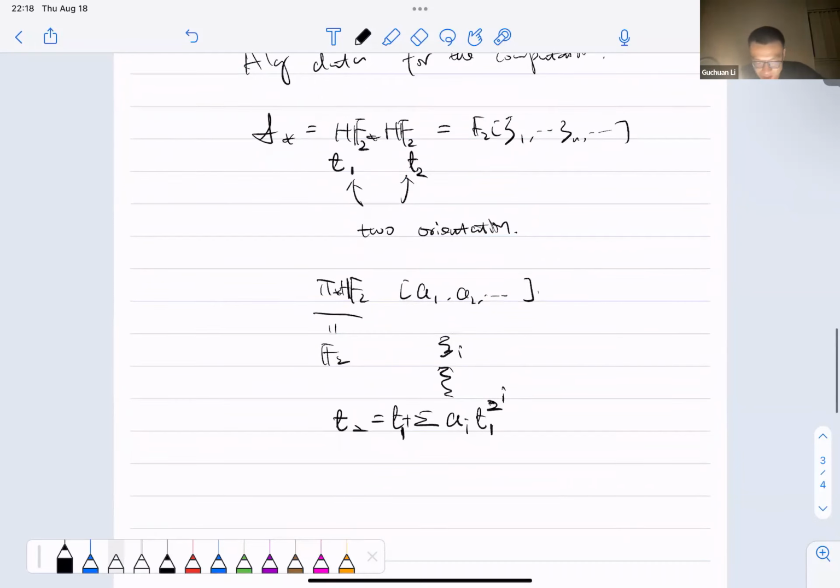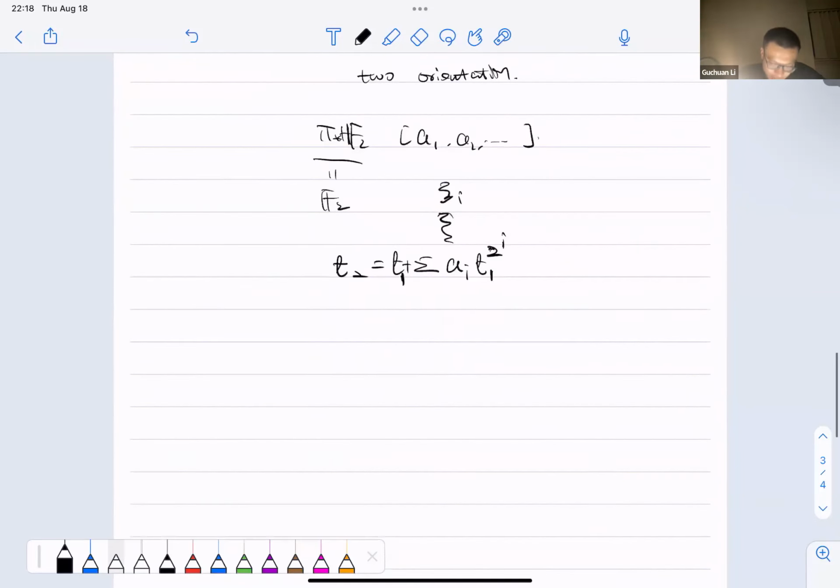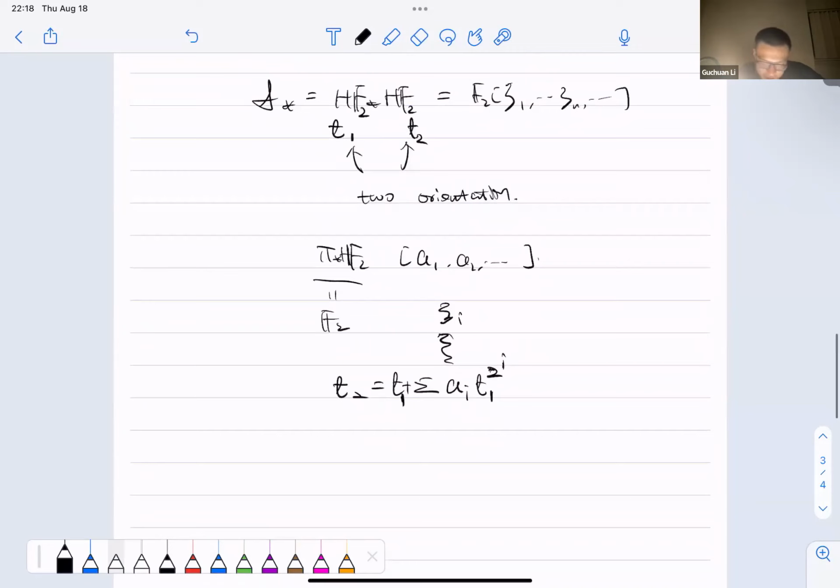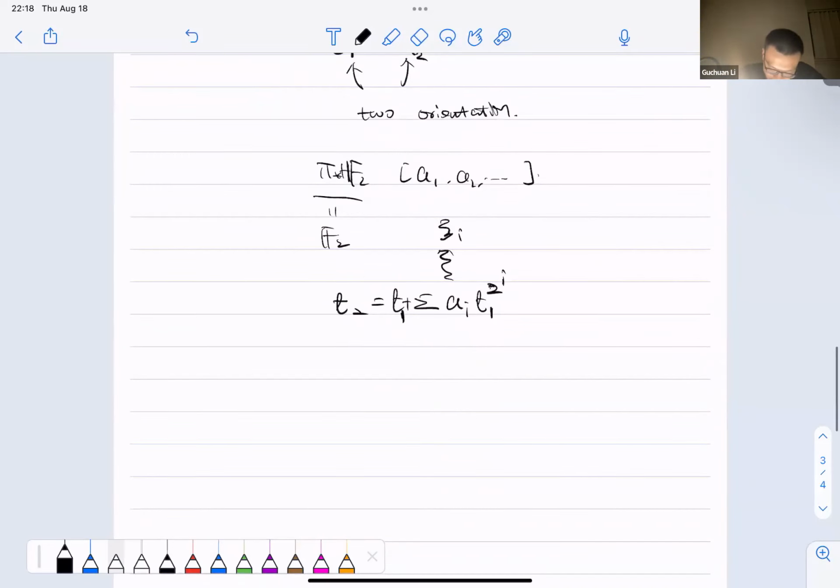And now the tricky part is, from this interpretation, it seems like the action... So notice in the end we need the action on this guy.